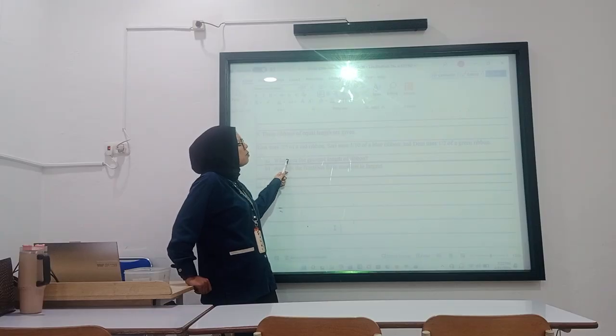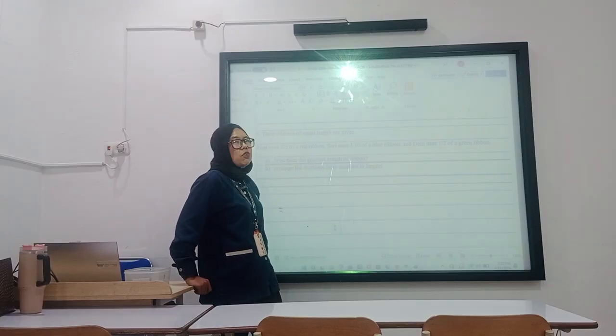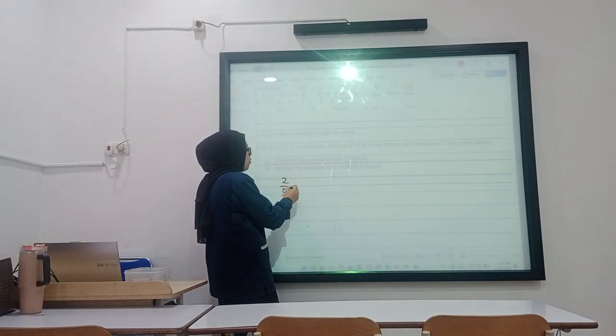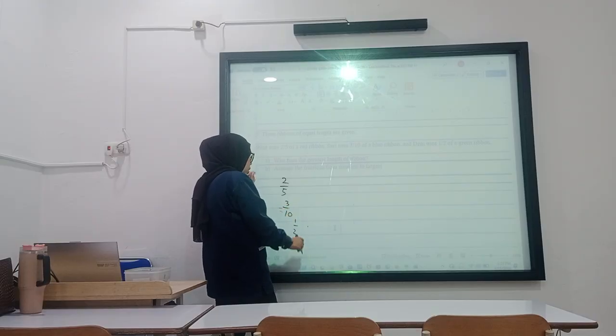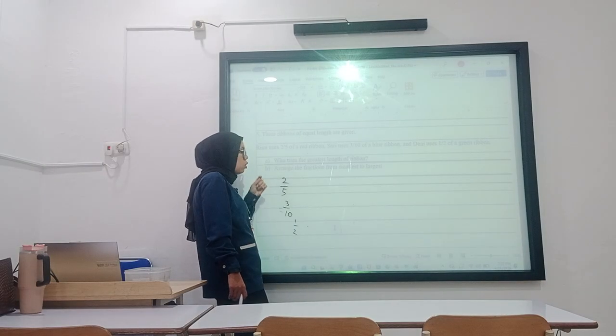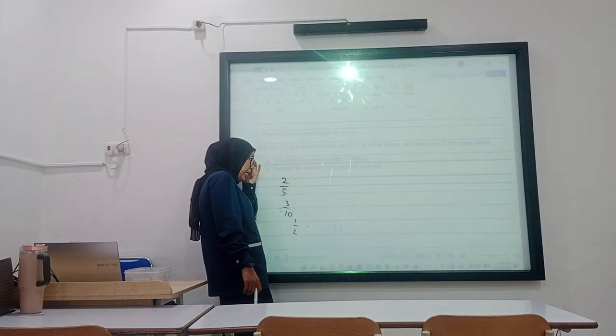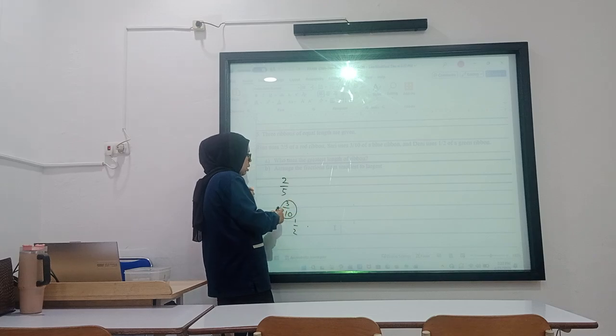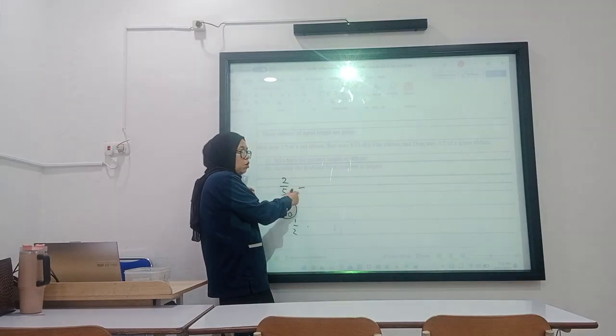Students may be confused to answer these questions, for example 2/5 and 3/10 and 1/2. They cannot understand how to know which fraction is the smallest or the greatest. So I make the denominators the same. This one is 3/10, and this one we make become 10, so we multiply by 2 and it becomes 10.